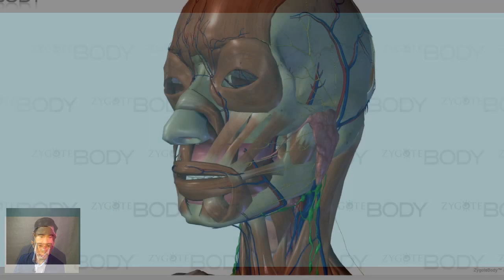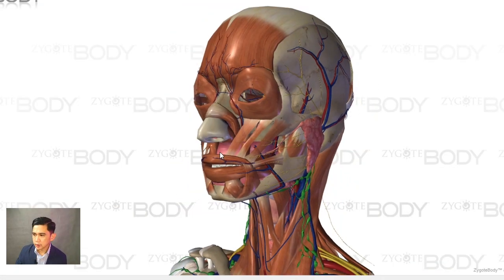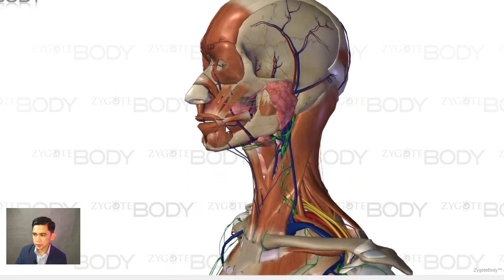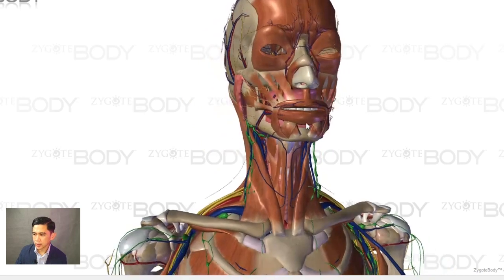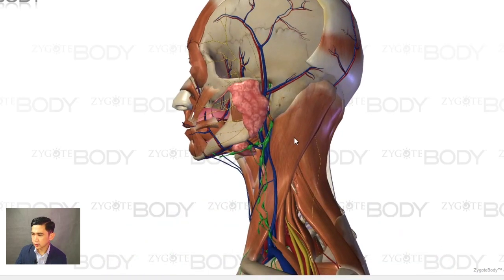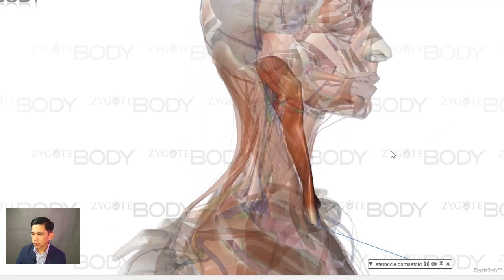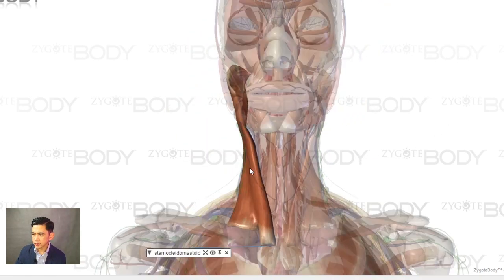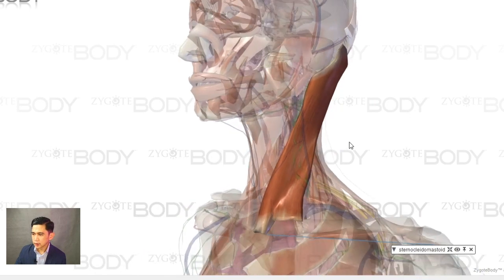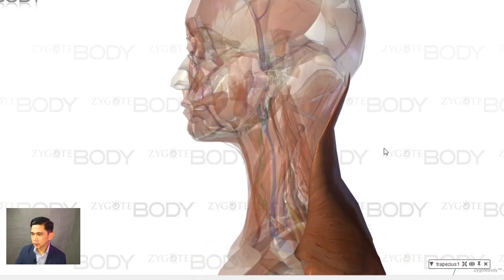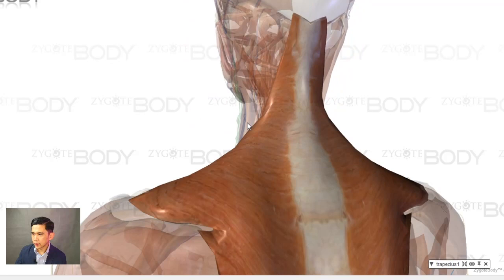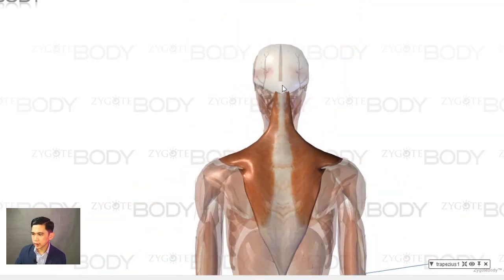Let's go now to our Zygote to take a look at the back muscles. So we have here the muscles. This is the sternocleidomastoid muscle. We have one on both sides. No? Okay. Now here we have the trapezius. No? So notice that this is a diamond shape muscle.